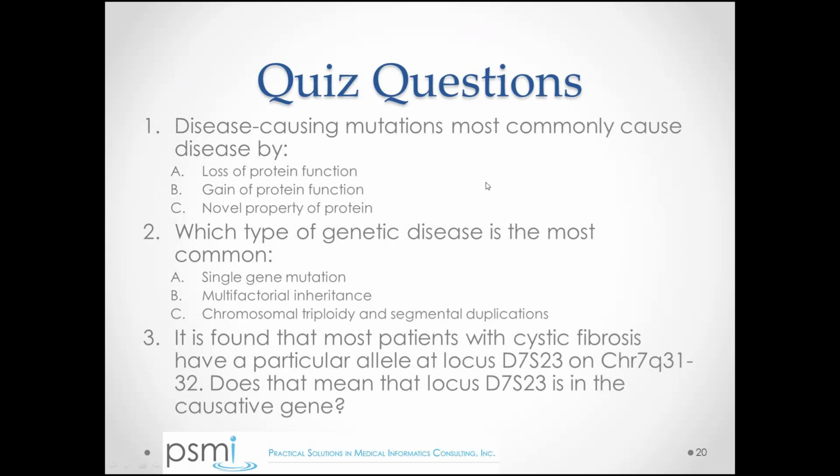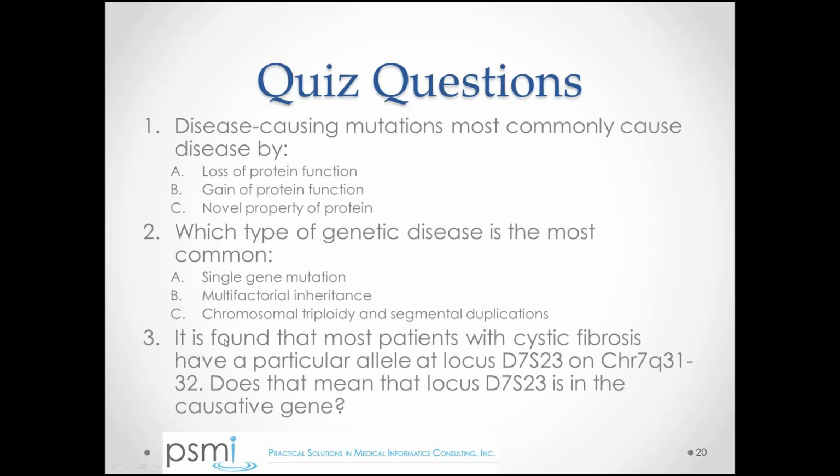Okay, so by far the most common, we see loss of protein function. And number two, which type of genetic disease is the most common? The single gene, the multifactorial, or the chromosomal triploidy and segmental duplications? Multifactorial. Good, good, okay.